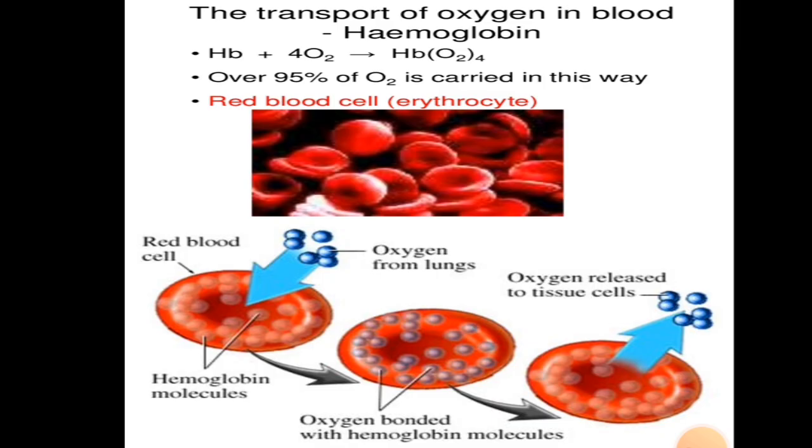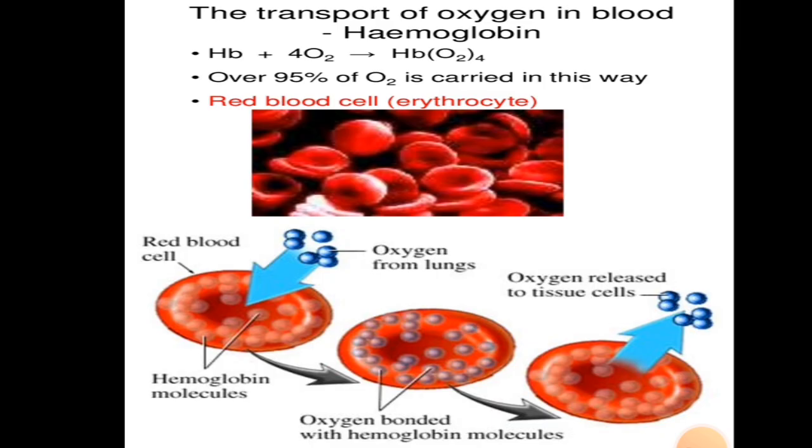So the transport of oxygen in blood, how is it transported? The hemoglobin plus four molecules of oxygen binds to it. Then oxyhemoglobin is formed, and 95% of oxygen is carried in this way.